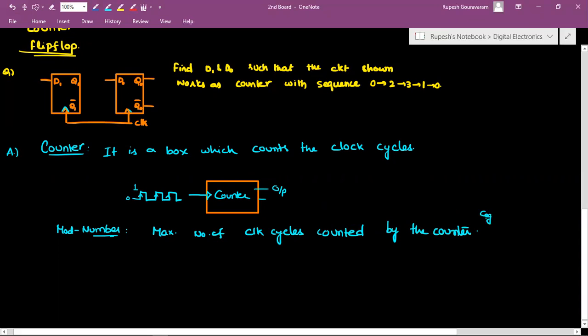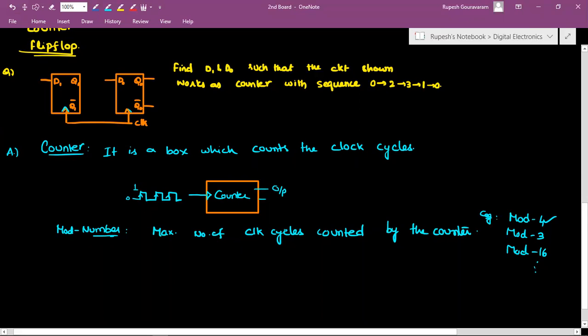For example, mod 4, then mod 3, then mod 16, and so on. So if it is known as a mod 4 counter, it will count 4 clock cycles, then come to the initial position and again count 4 clock cycles, and that's how it works.